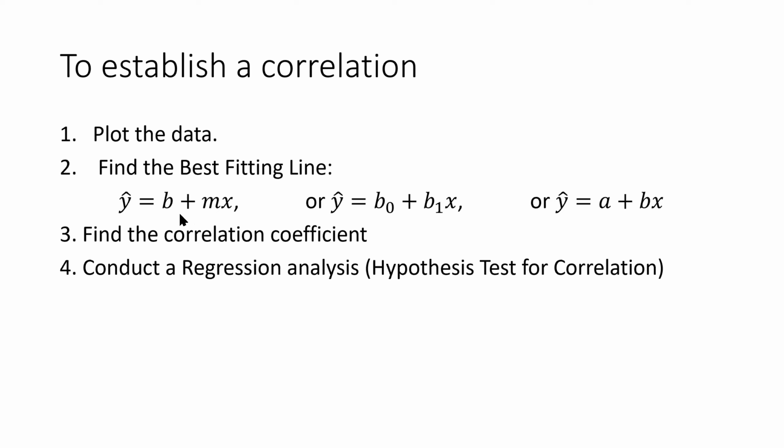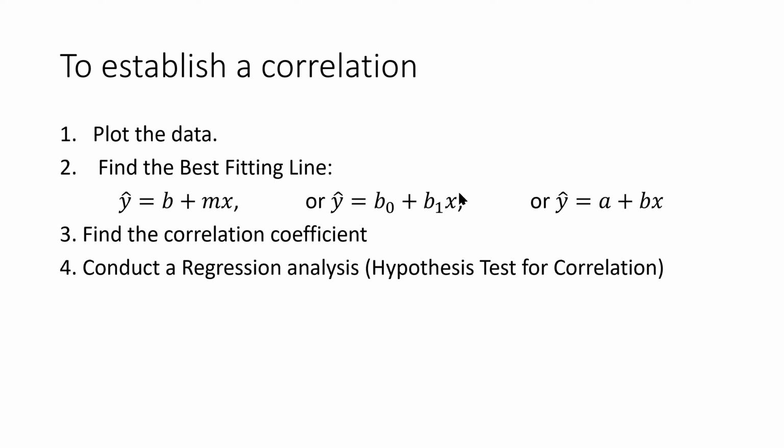The equations look different in different books. For example, you may see b sub 0 and b sub 1 for the coefficients, or you could see a and b instead of b and m. So if you're using a TI-84 calculator, it will have this equation.